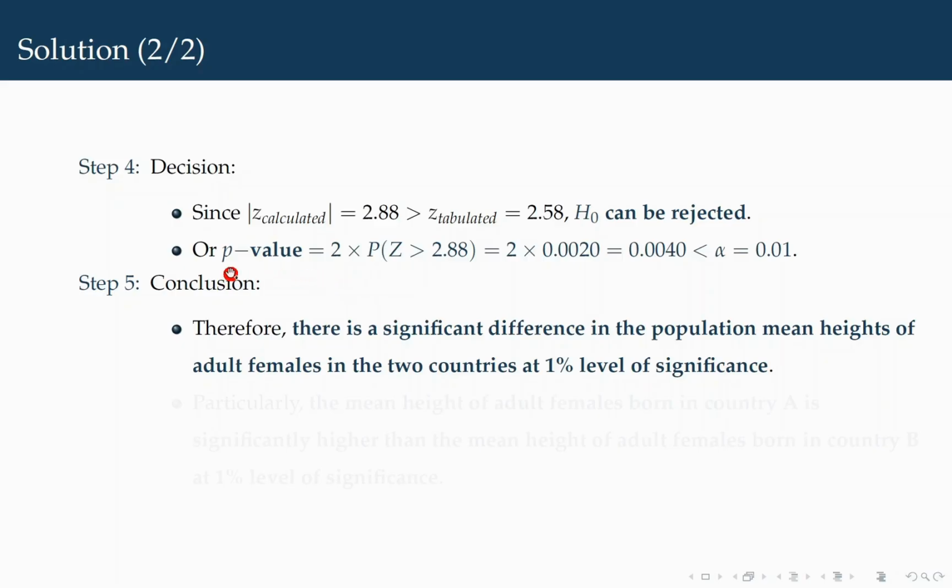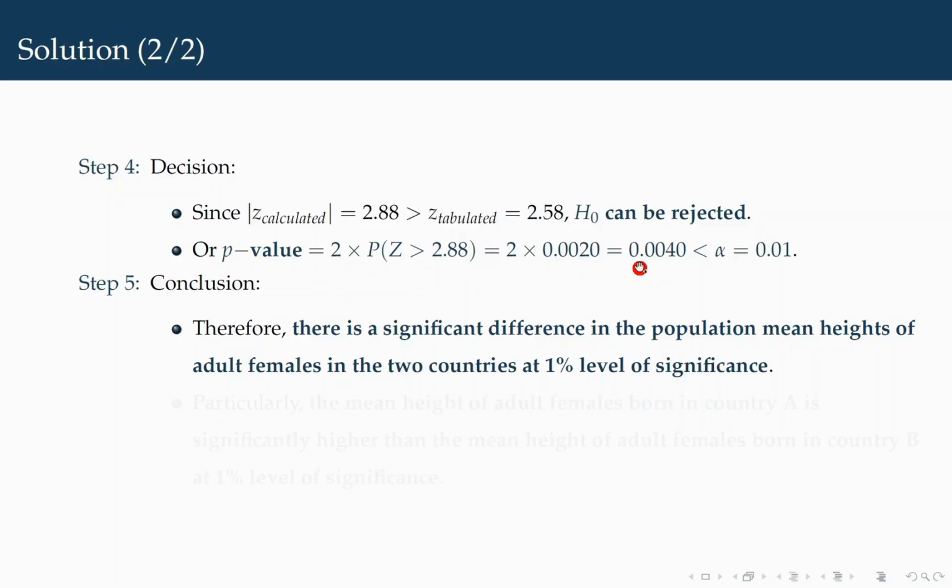So this is the p-value. The p-value can also be determined based on statistical software, or actually we can obtain this from the standard normal distribution. The area to the right of 2.88 can be easily found and multiplied by 2.